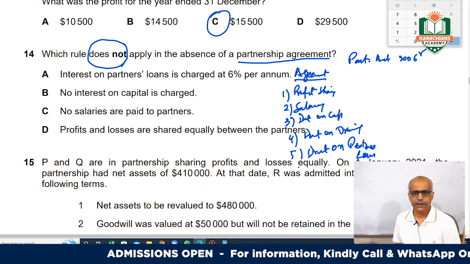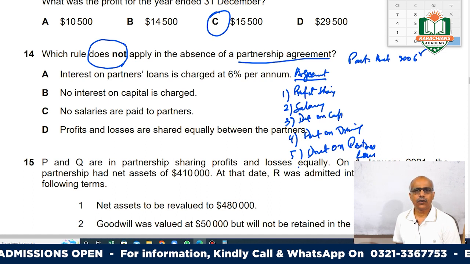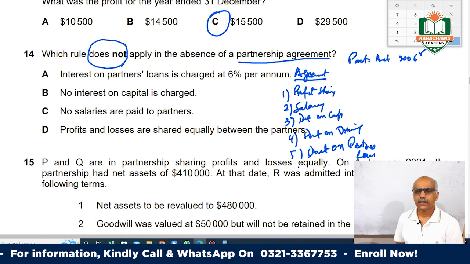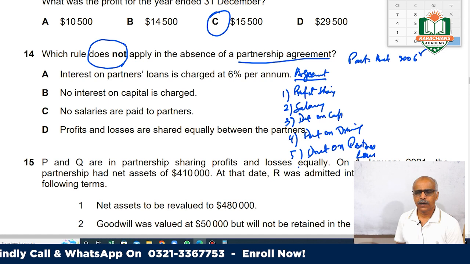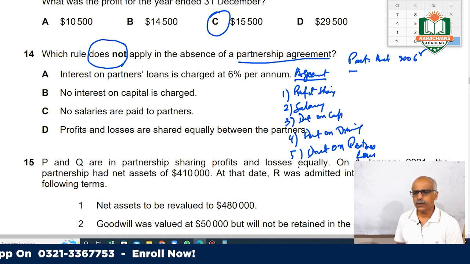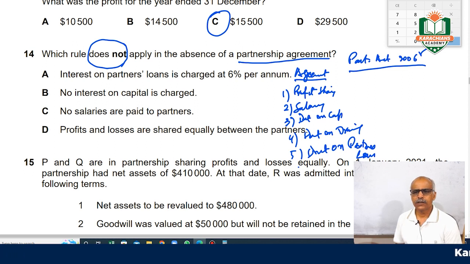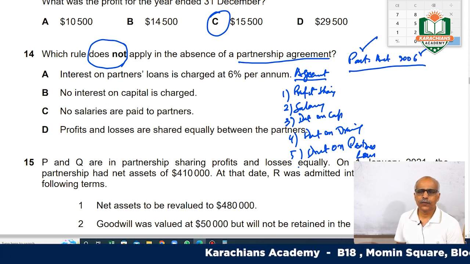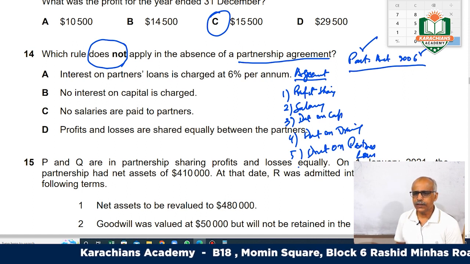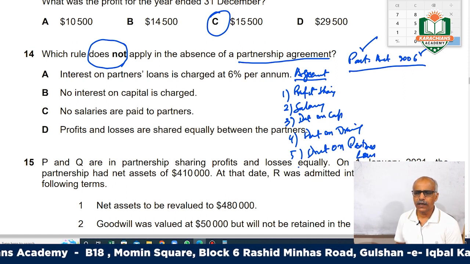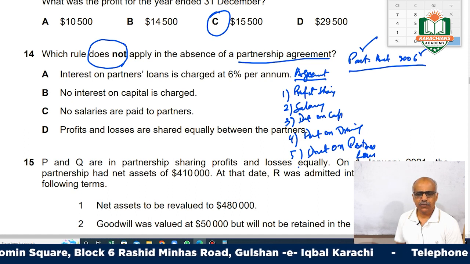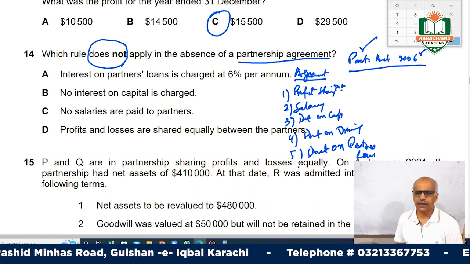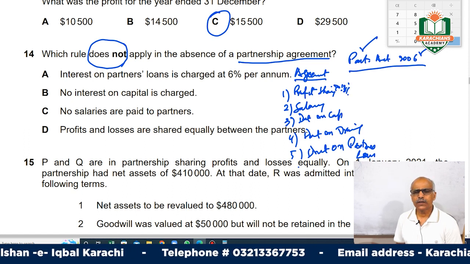In case the agreement is not there, then what do the UK laws advise? You have to take all your decisions and resolve disputes as per the Partnership Act 2006. And what does it provide? As far as profit sharing is concerned, in an agreement it could be 70-30, whatever percentage.